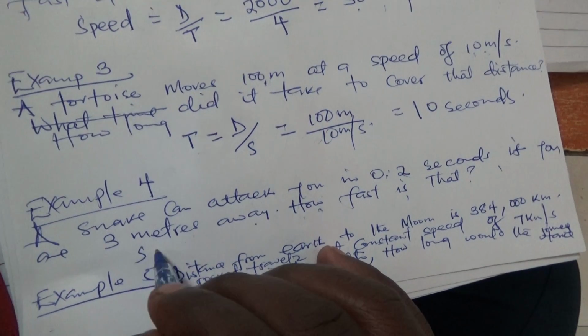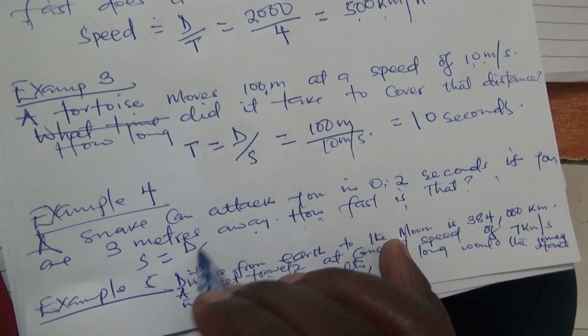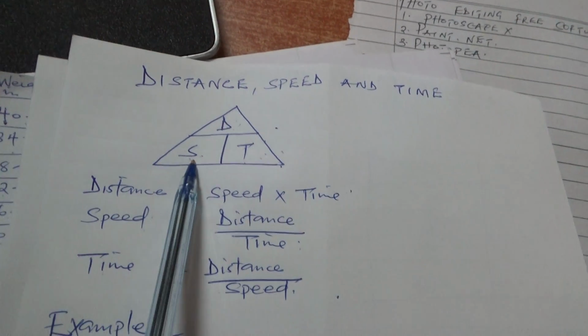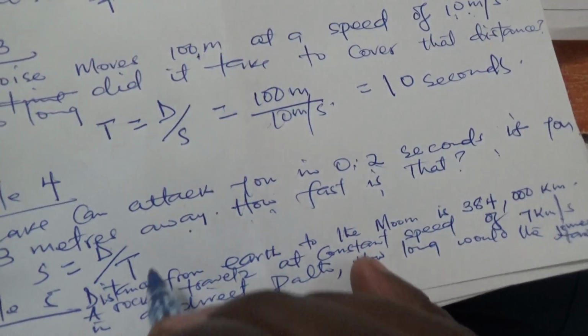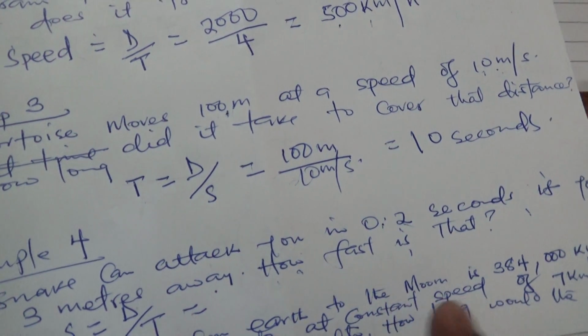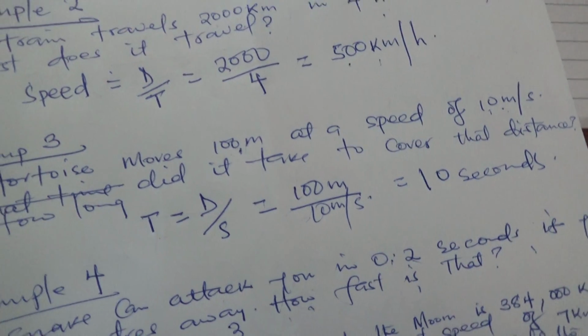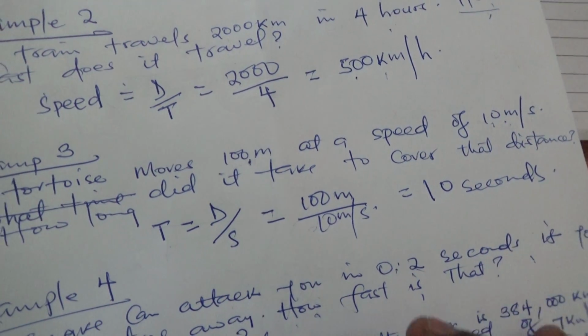So speed is equivalent to distance over time. Because if you look at the DST triangle, if you're looking for speed, it is distance over time. So we come back here and then we substitute. Distance is 3 meters and time is 0.2.